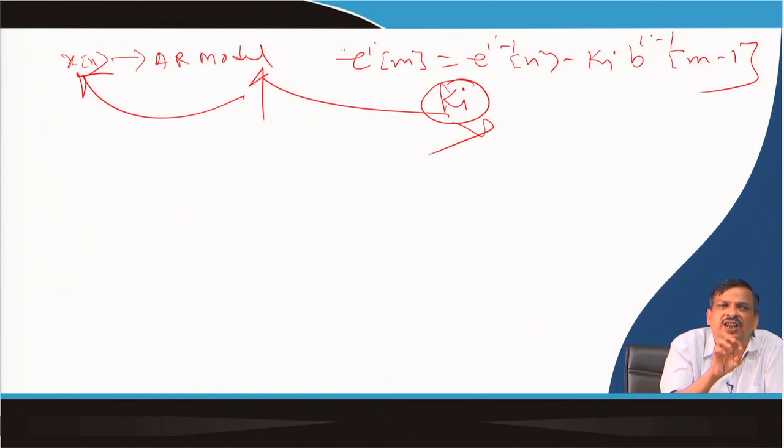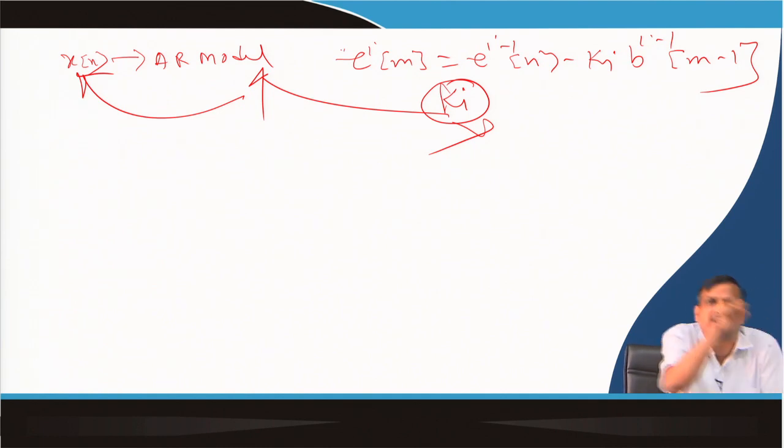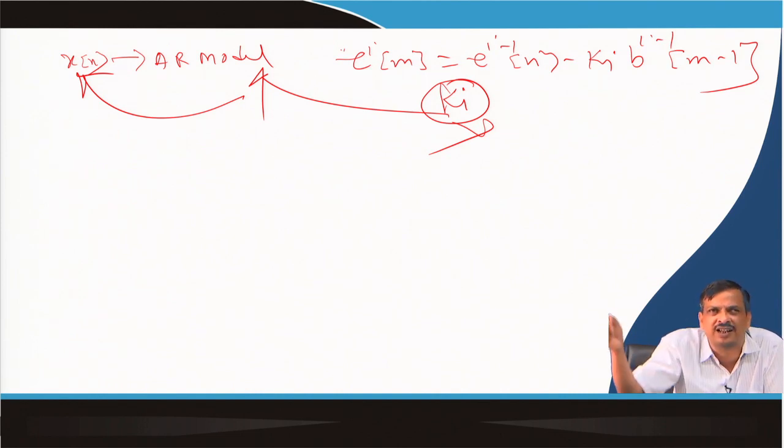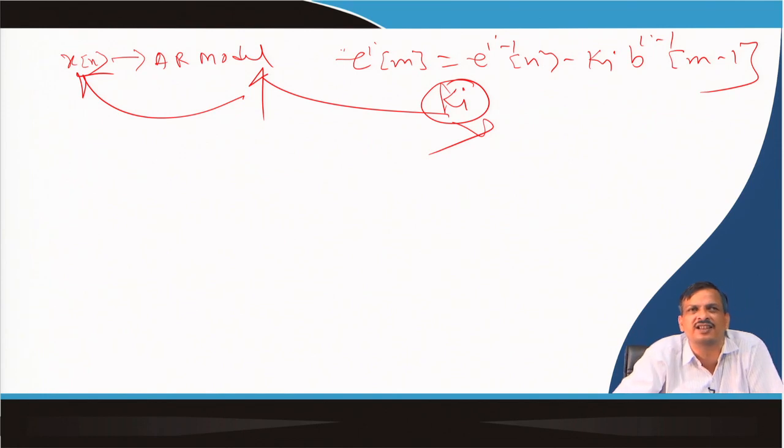As if I am saying I am estimating the system which produced that signal, and then from the pole position of the system, I am estimating the spectrum of the signal. So, that spectrum basically represents the signal. So, I get the signal spectral estimation.